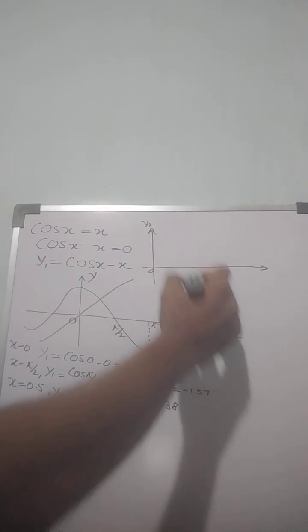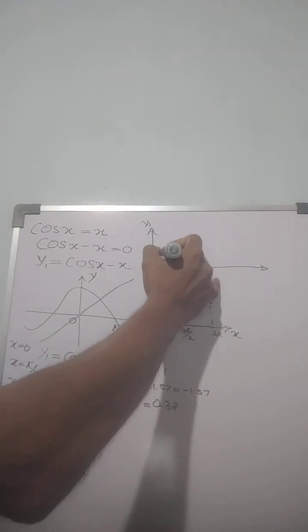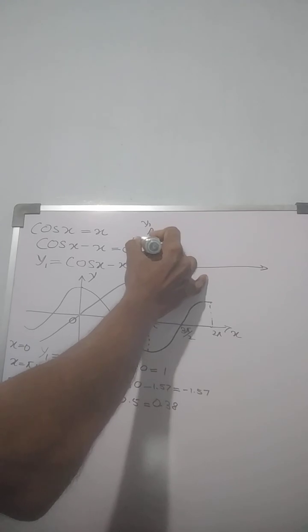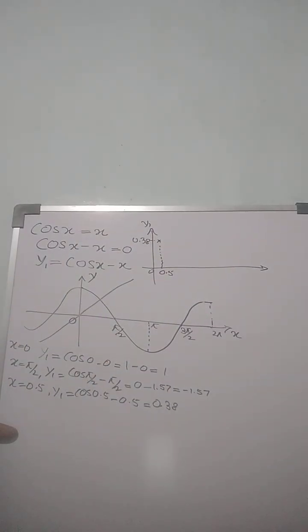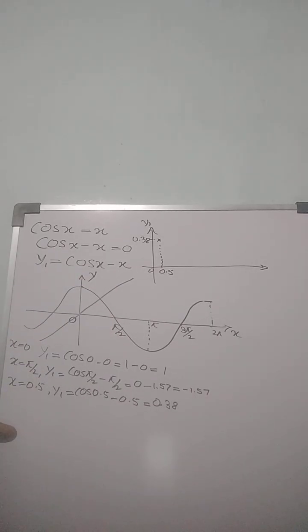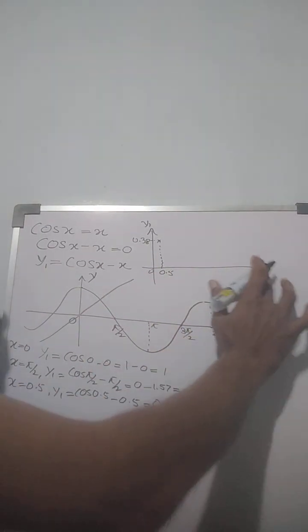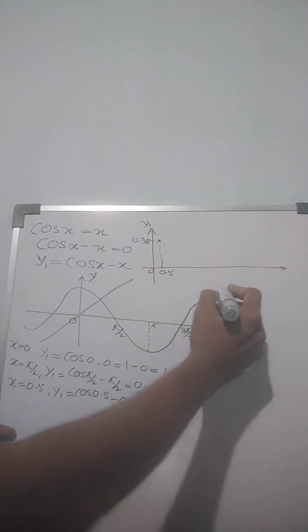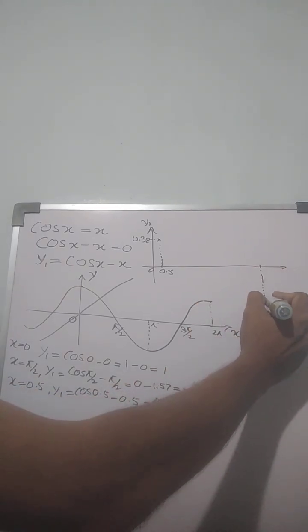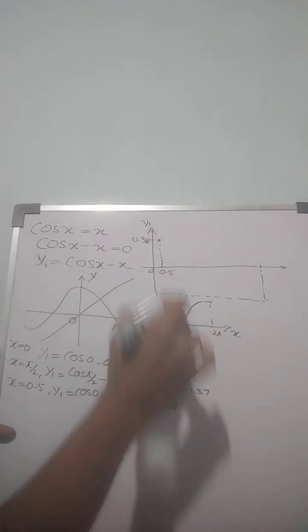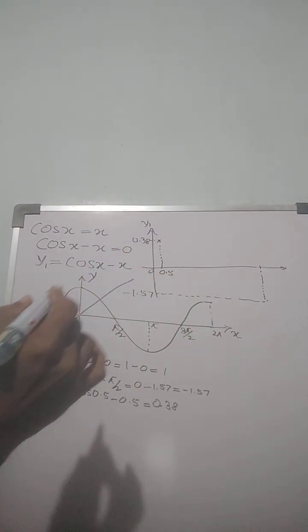When x equals 0 it is 1, when x equals 0.5 it is 0.38, and when x equals pi by 2 it is minus 1.57.